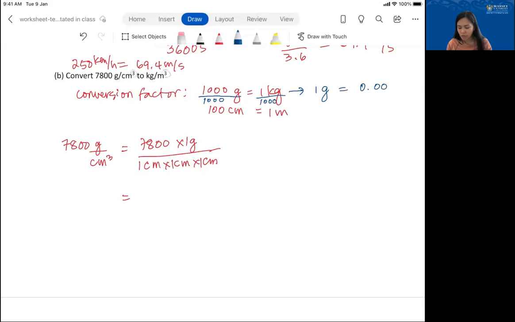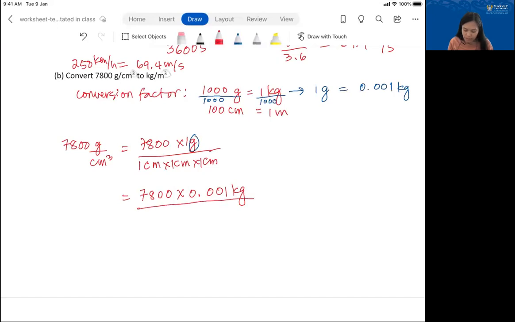That's 0.001 kilograms. Okay, so that then gives you the conversion factor for 1 gram. So 1 gram is equal to 0.001 kilograms, which you can now substitute in your equation to replace this gram there.